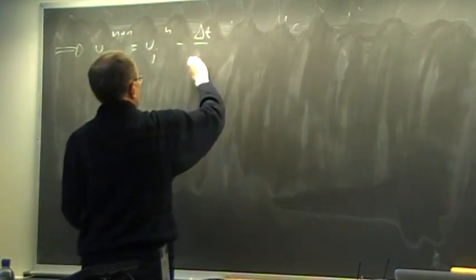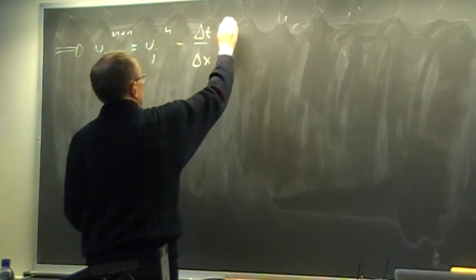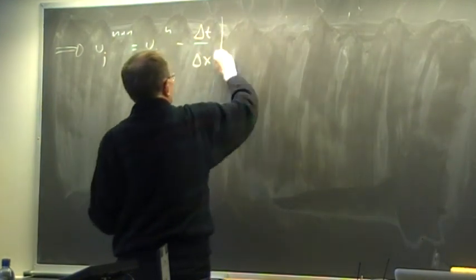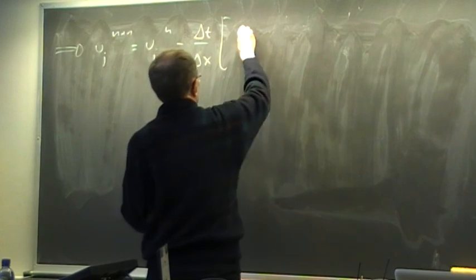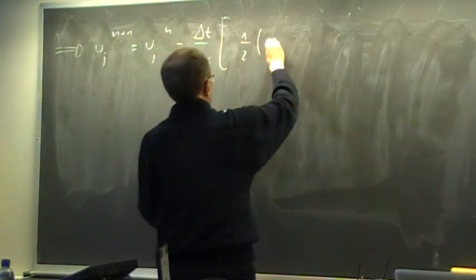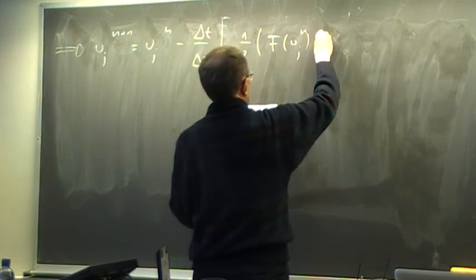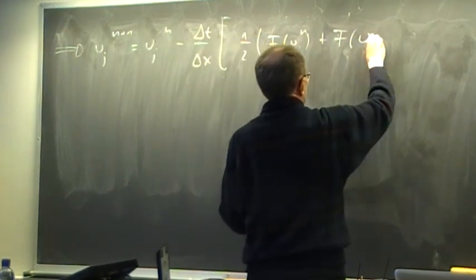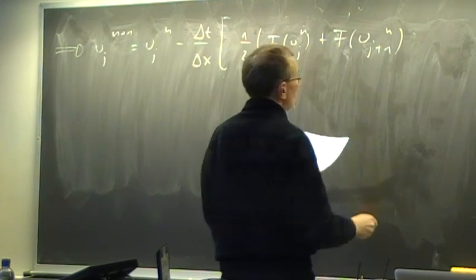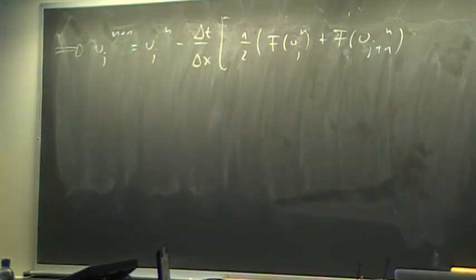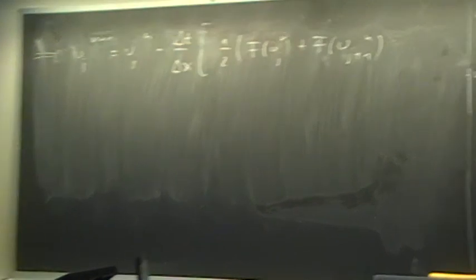So from that we get that u_j^(n+1) is u_j^n minus, now we take everything under the form of a flux, and we get a flux function f of u_j^n plus f of u_(j+1)^n. Then we have taken this into account, and now we take this also into account.